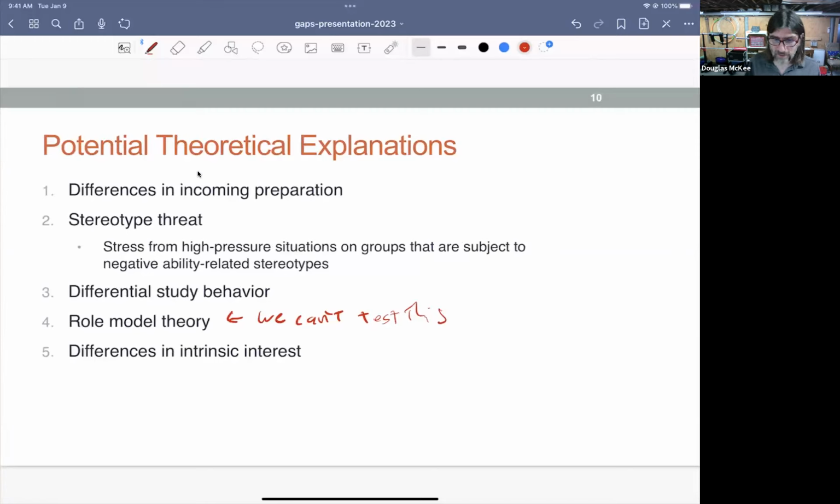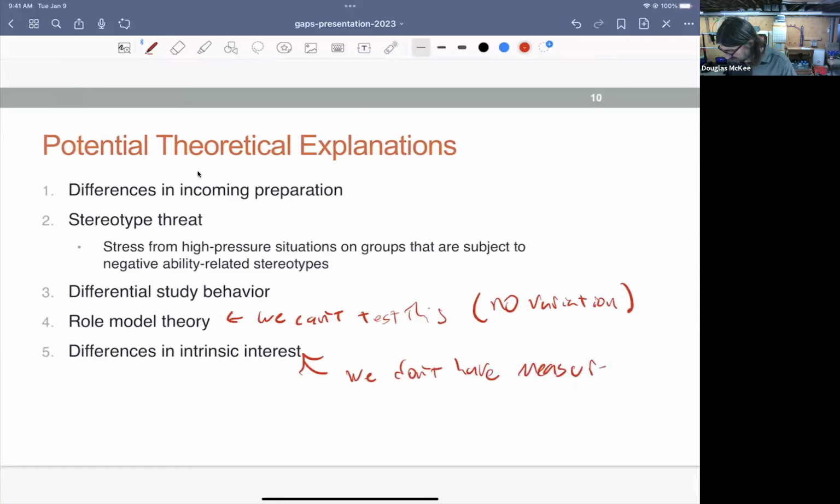And so if you're more interested in it, you invest more. And we can't test this now either. Okay. So the problem here is we don't have any variation. And the problem here is we don't have measures of intrinsic interest, but we will.